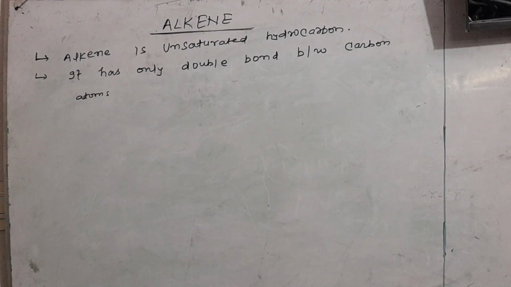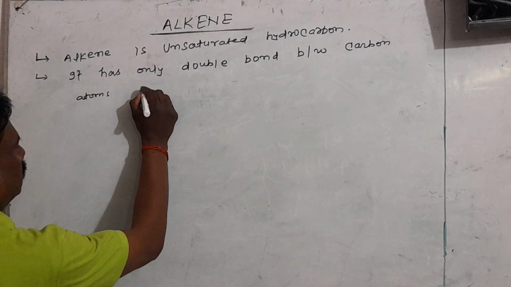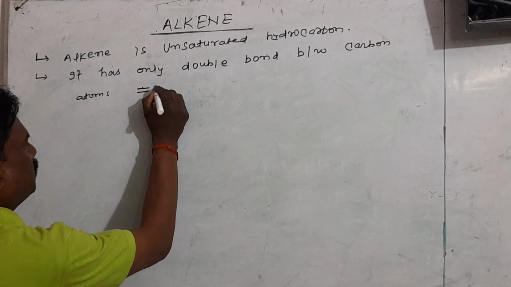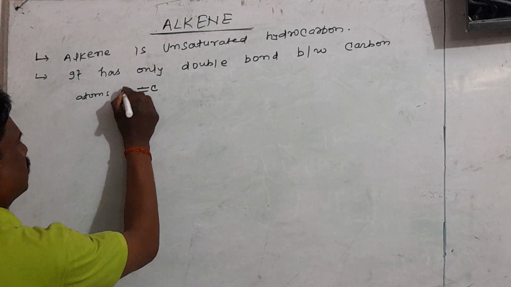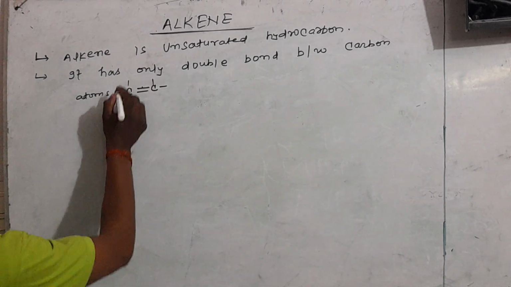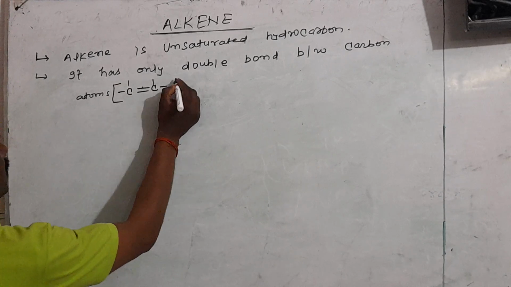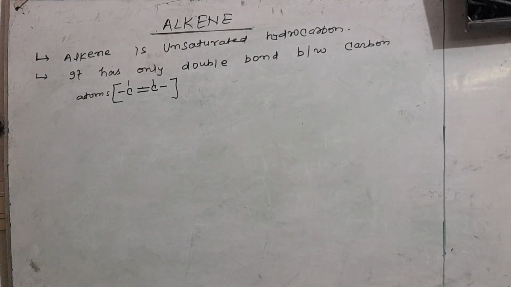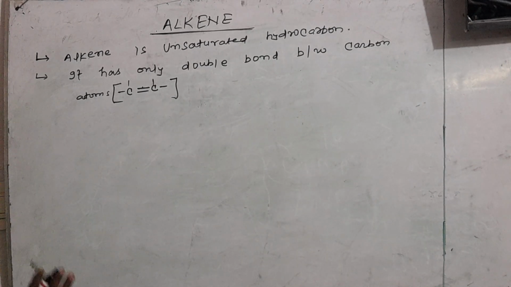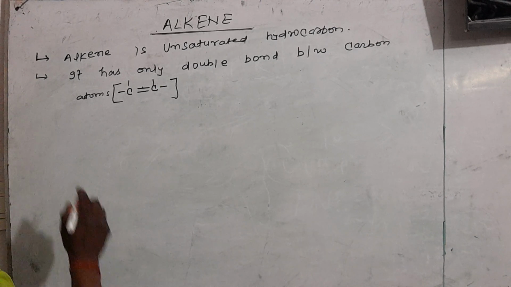The meaning of this point is you must insert a double bond between two carbon atoms. All of us know that carbon shows tetravalency, so we write it in this form. So the first point is alkene is an unsaturated hydrocarbon. It has only a double bond between carbon atoms.